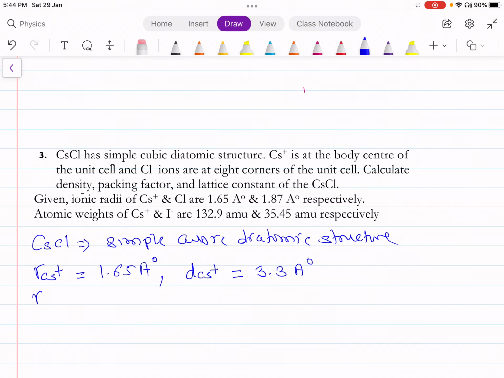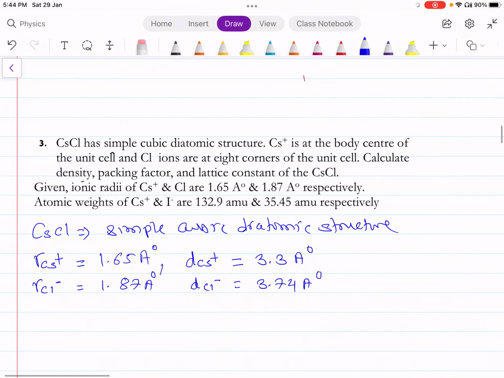Also, the radius of the chlorine ion is given, which is 1.87 angstrom. And so the diameter of the chlorine ion is equal to 3.74 angstrom. So this is given.